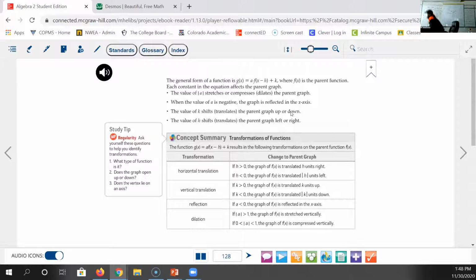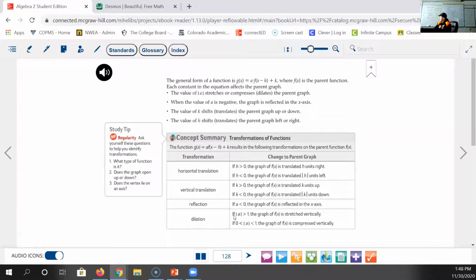So you can see the general form: g of x is equal to a times f of x minus h plus k, where f of x is the parent function. So with all of these transformations, we begin with that parent function, and then we move it, stretch it, compress it, or reflect it. The absolute value of a stretches or compresses.